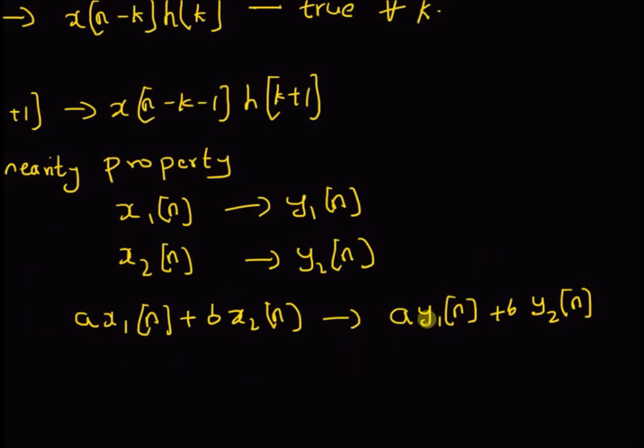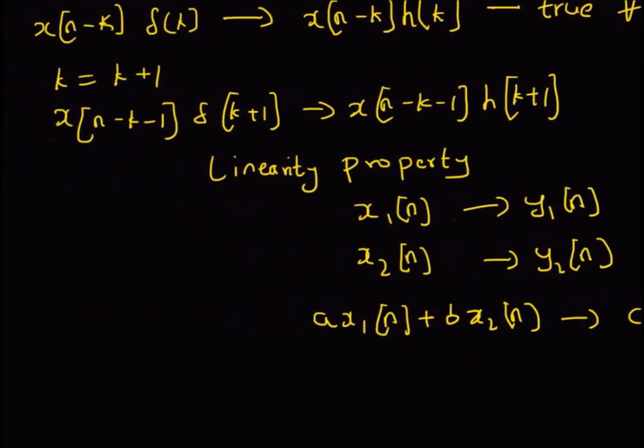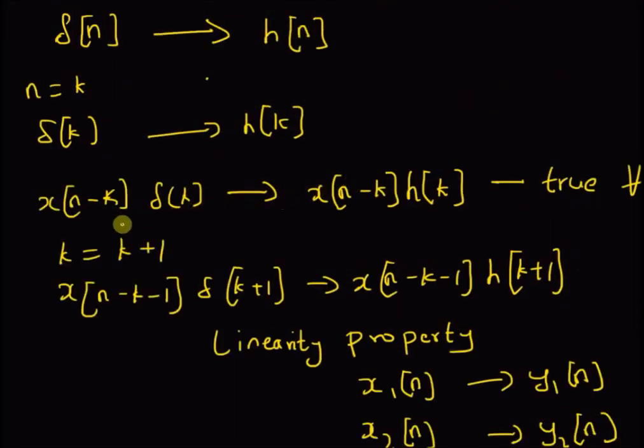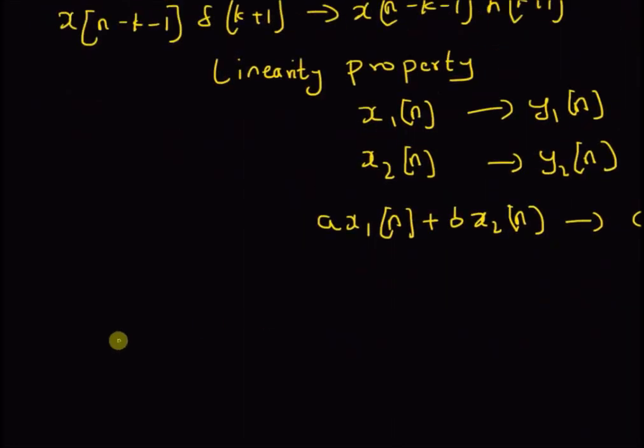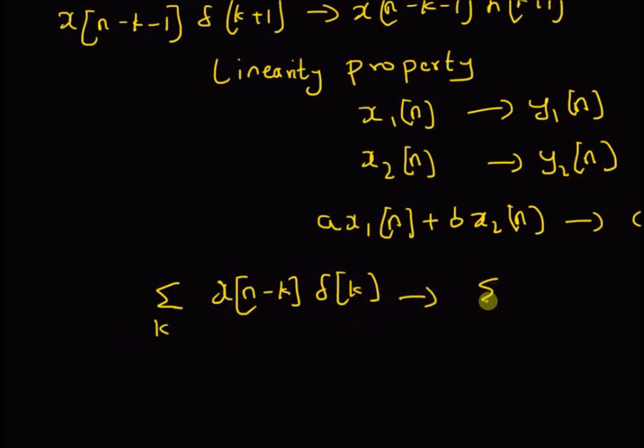So by using this linearity property on the result for the weighted unit samples, we can clearly see that the sum of the weighted unit samples, that is the summation over all values of k of x of n minus k delta of k, should give the output, which is again a linear combination of the impulse responses.